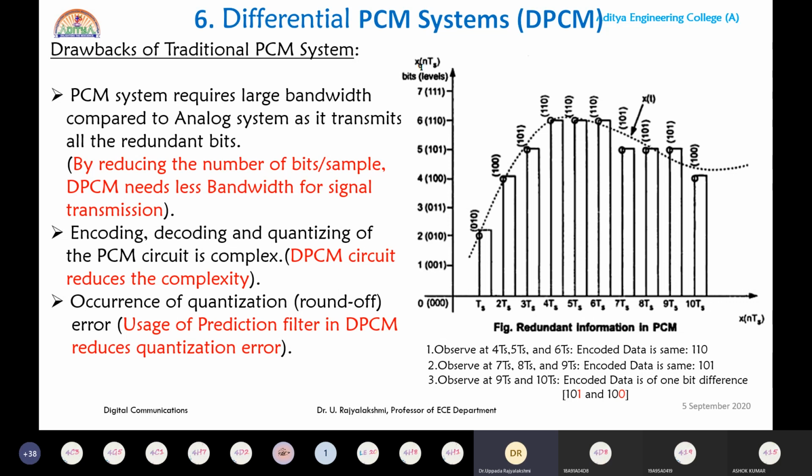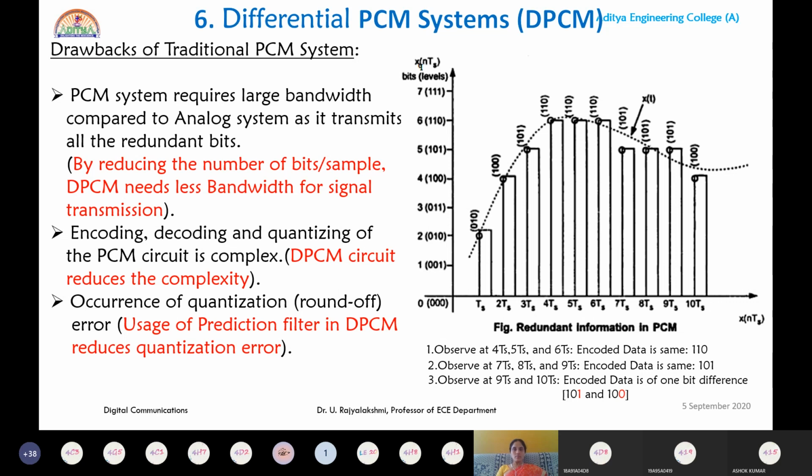DPCM will take the difference between 2 successive sampled values, and if there exists any difference, the difference data bit is transmitted. Otherwise, it won't transmit any data.